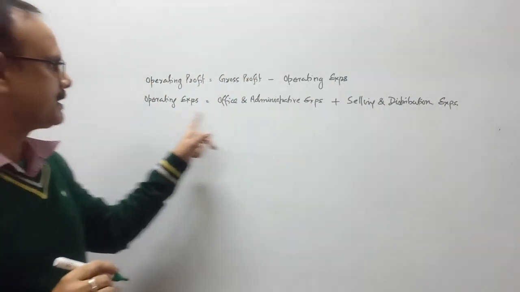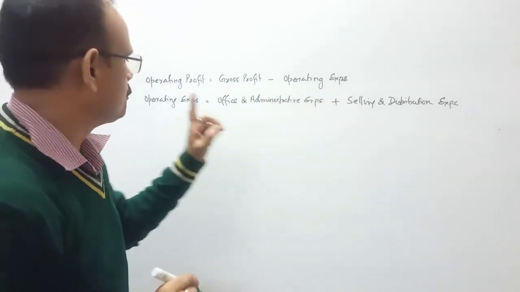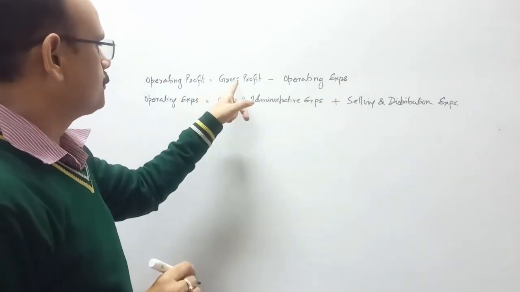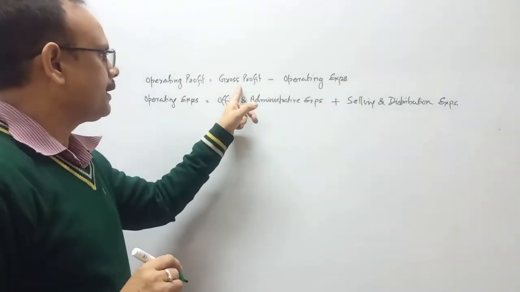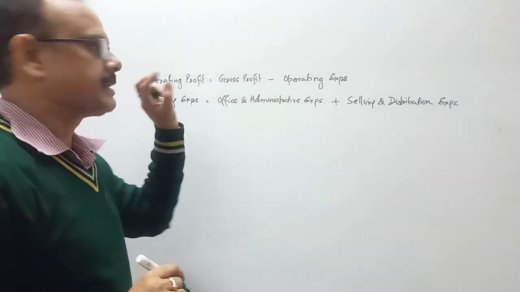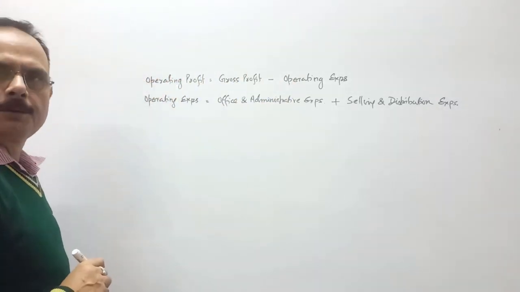Office and administrative plus selling and distribution expenses are called operating expenses. So from gross profit, if we deduct the operating expenses, we get the operating profit.